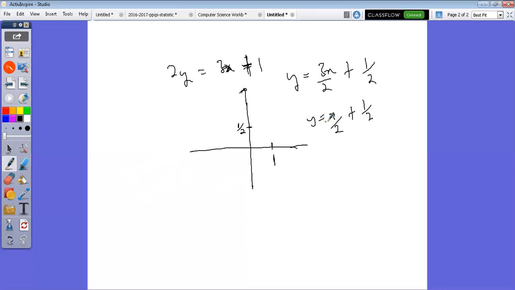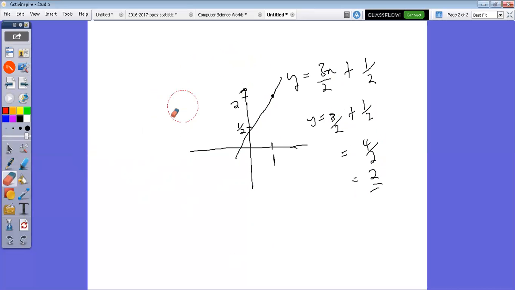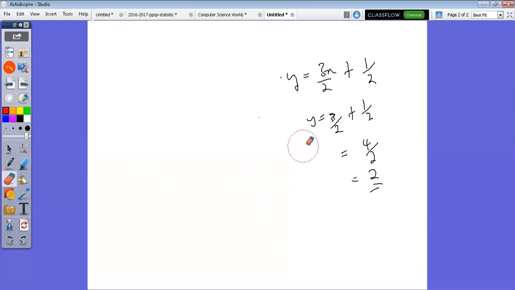So what is that? It's 4 over 2, which is 2. So 1, 2 there. Then I have my sketch. Make sense? Sketching of linear graphs is the easiest.